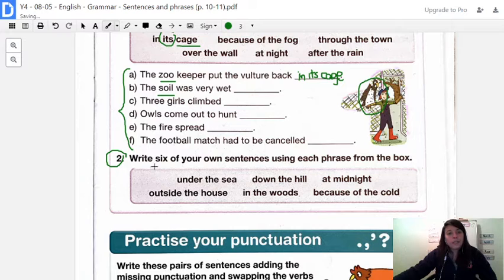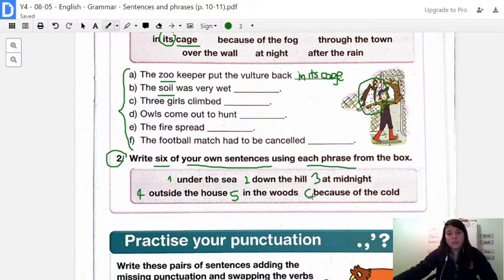It says write 6 of your own sentences using each phrase from the box. So you create sentence number 1 using the phrase under the sea. Sentence number 2 using the phrase down the hill. Sentence number 3 with the phrase at midnight. Sentence number 4 with the phrase outside the house. Sentence number 5 with the phrase in the woods.